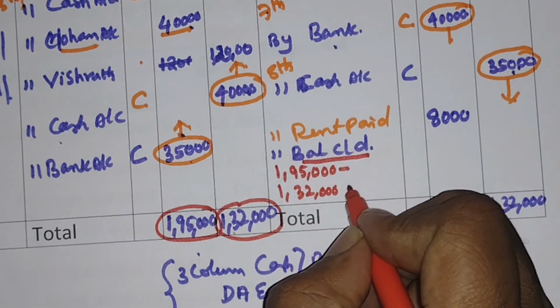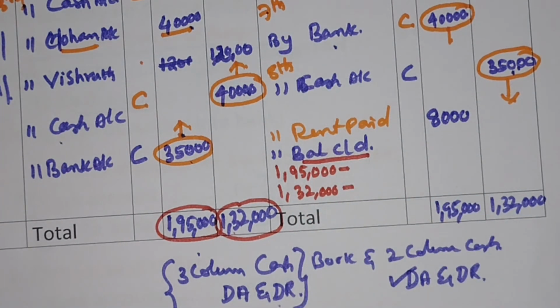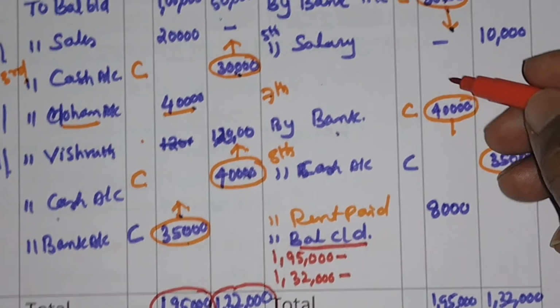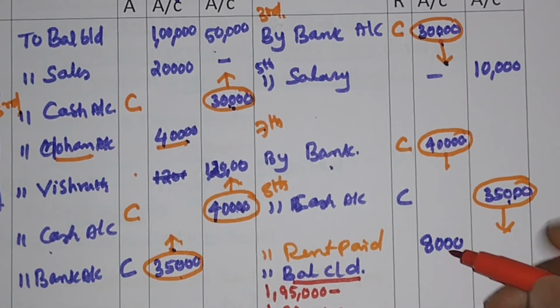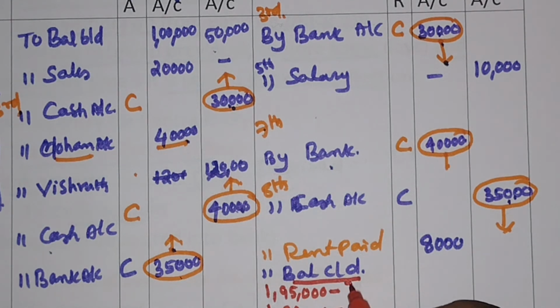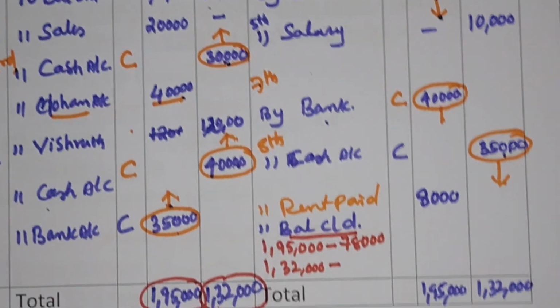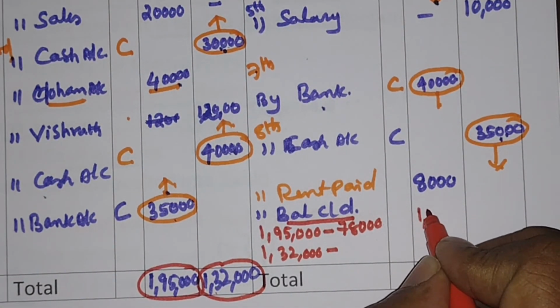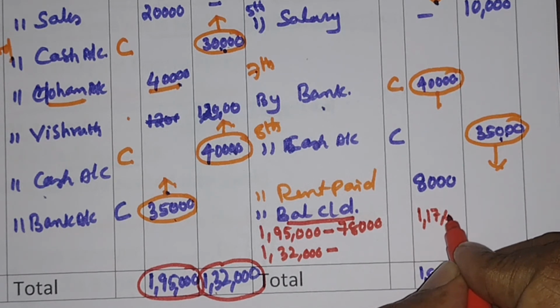It has to be deducted by the credit side total. The credit side total you get is 40 plus 30, 70 plus 8, 78,000. When you subtract 78,000, the balancing figure we get is 1,17,000.